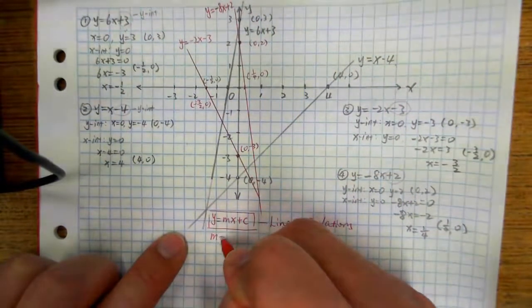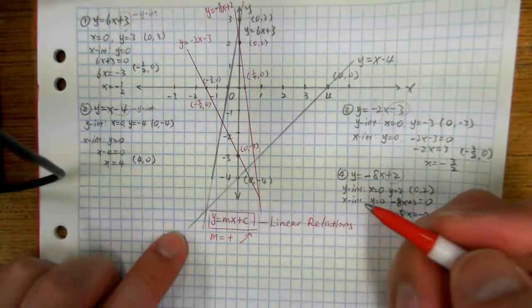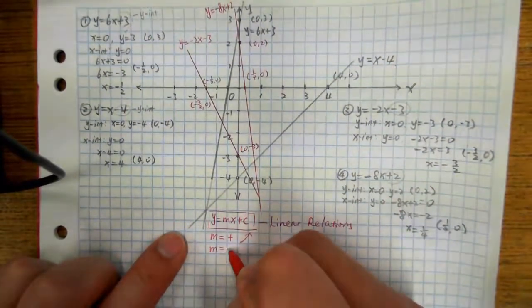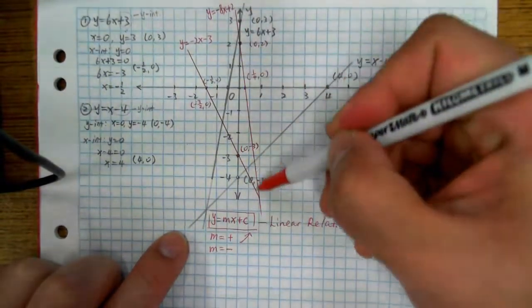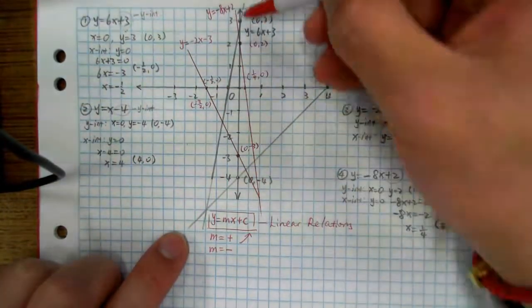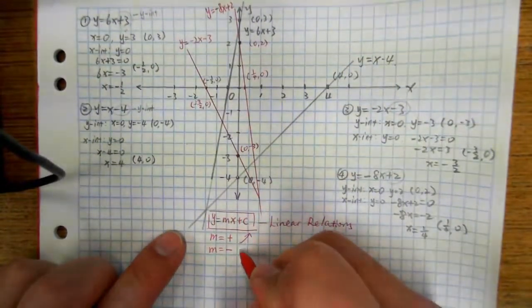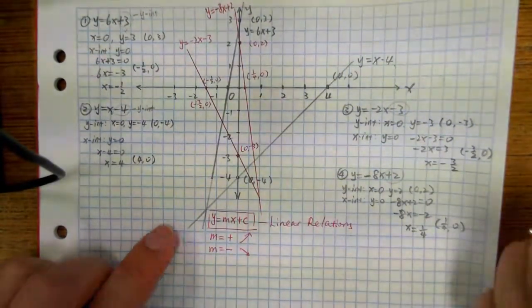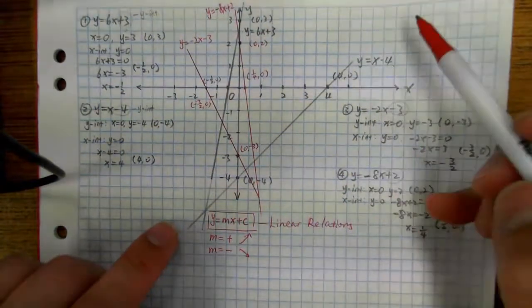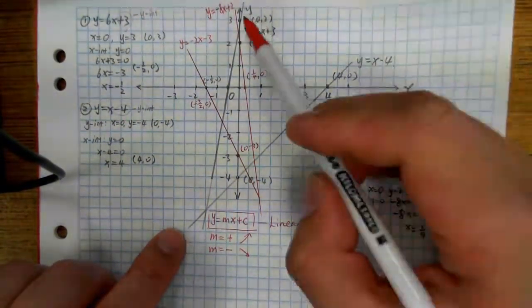So if m is positive, the line is increasing. And if the m is negative, like this line, negative 8, and m is negative 2, then the line is decreasing when x is increasing. Okay, so the line is decreasing. Okay, and also we can see the different coefficient.